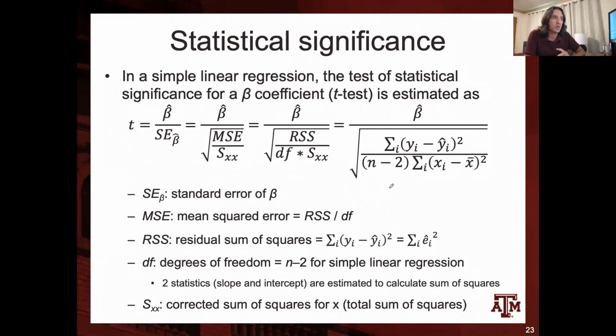I will get all the observed values of income for all people in my sample, subtract the predicted value that I have after the coefficient is estimated, square them and sum them all.